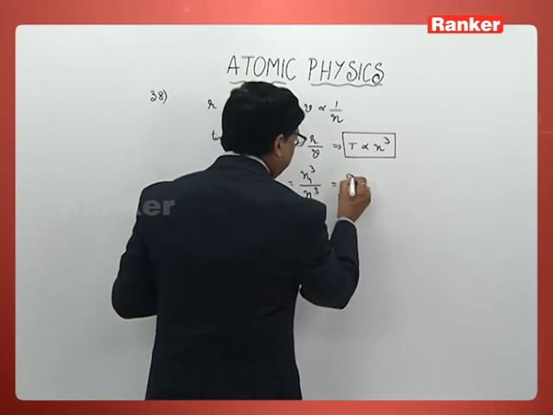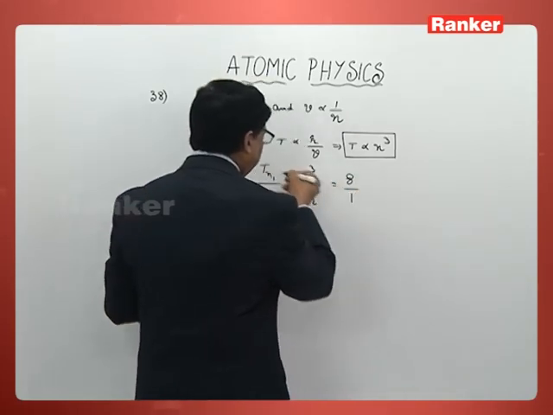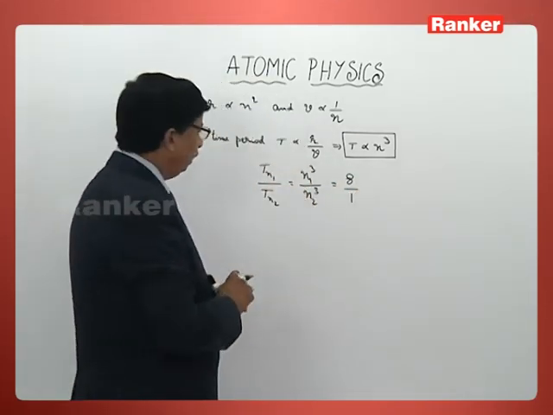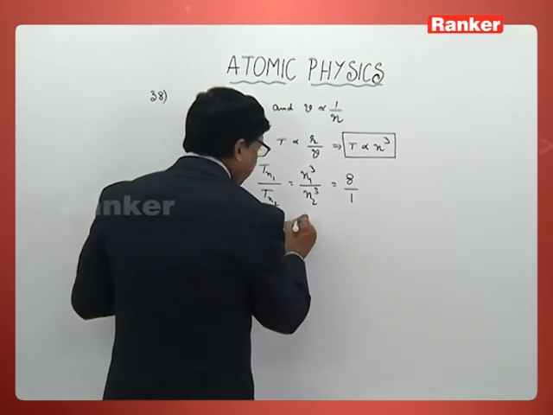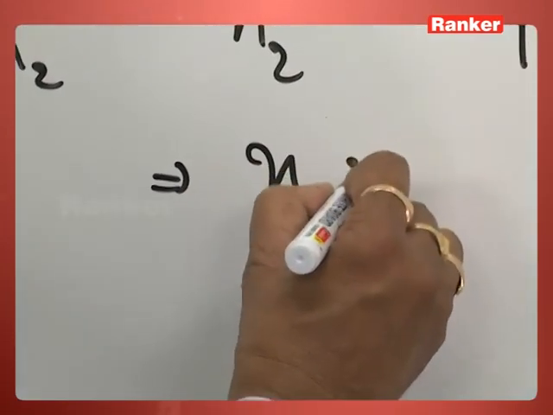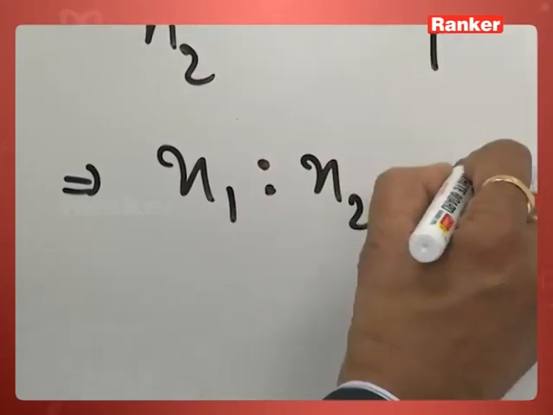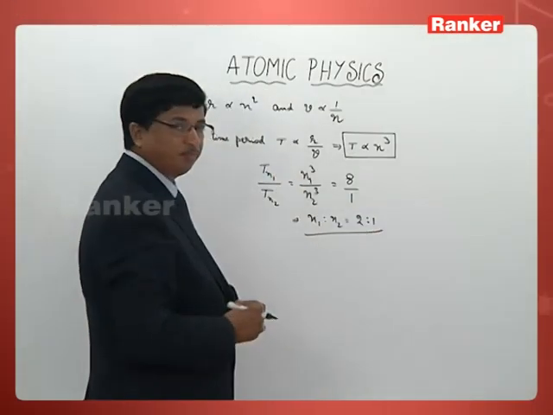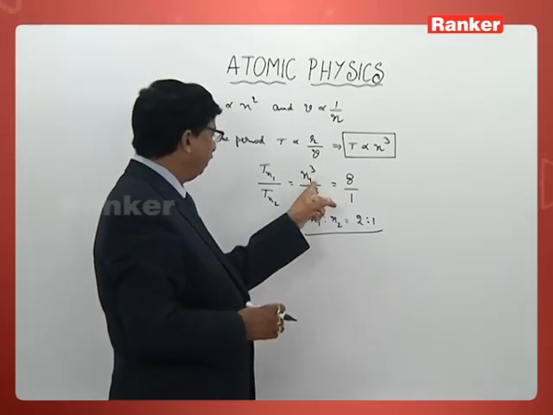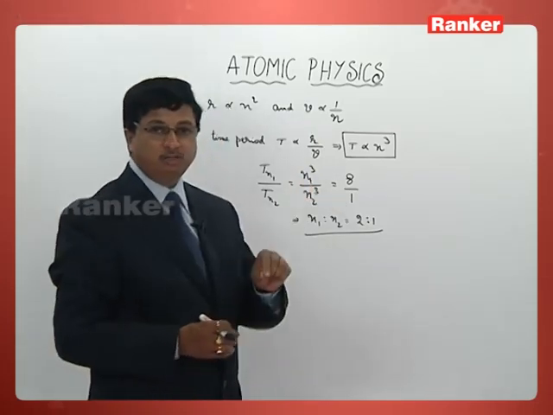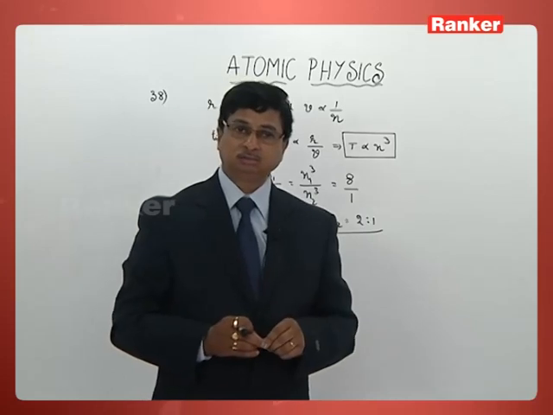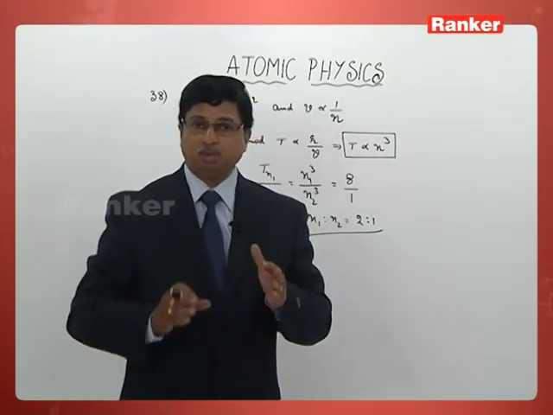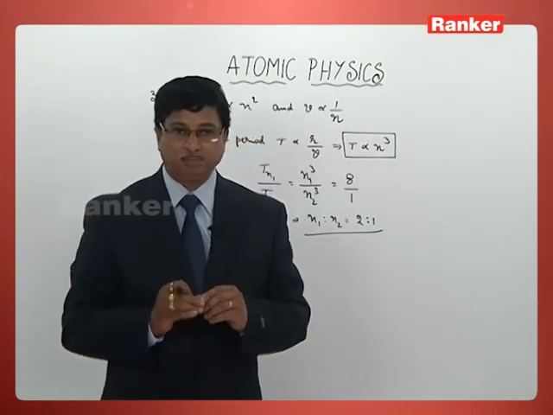So you can directly write this as 8:1. So what you can understand straight away from this is n1:n2 will now be 2:1. So n1 cube by n2 cube is equal to 8/1, so n1:n2 automatically will be 2:1.